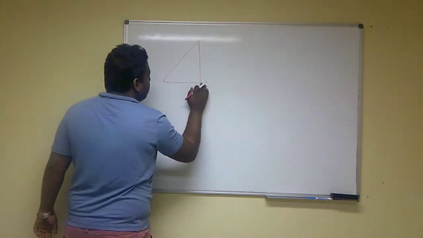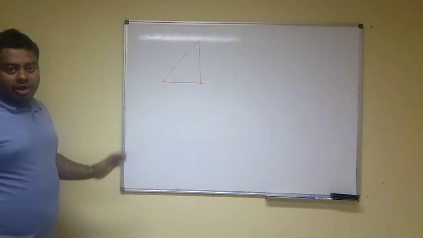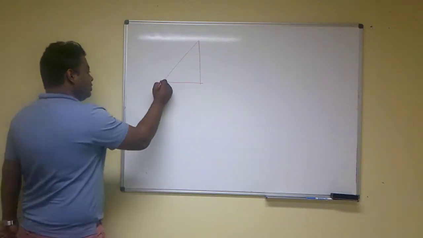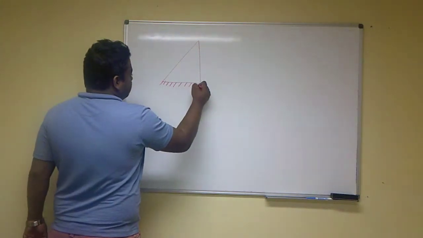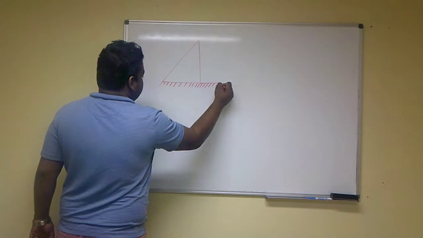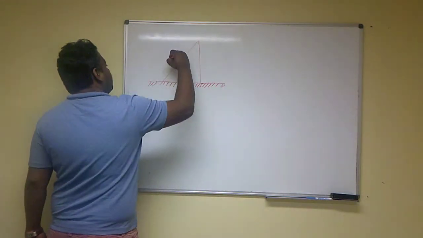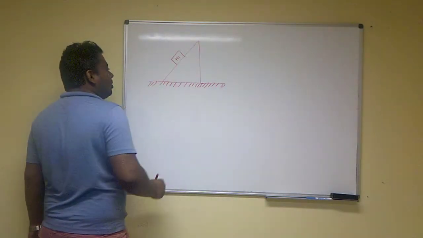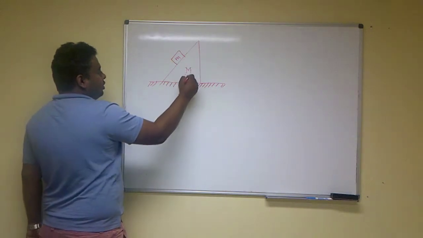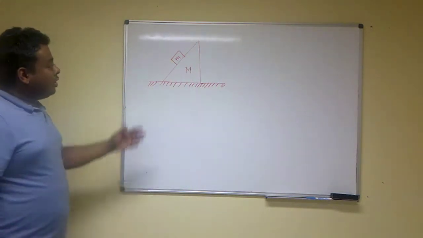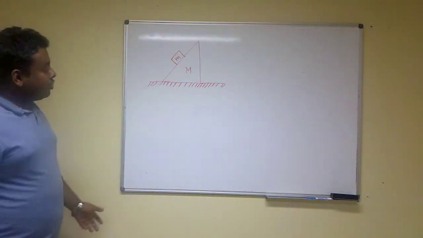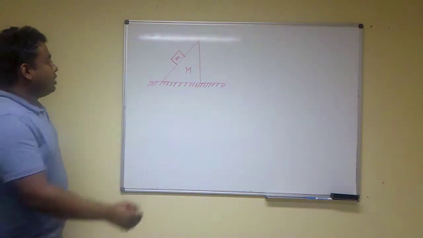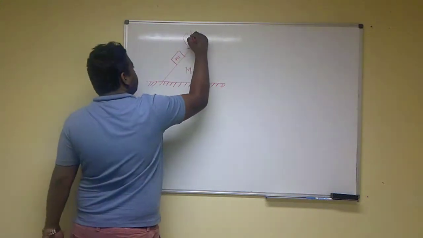For the first case, we are going to keep the inclined plane steady at its own place. No movement. This is firmly attached to the ground, right? And then there is a small mass m. This thing is the capital mass M. And you keep a block over there. Of course, it will slide down. Assume that this surface is frictionless for now.